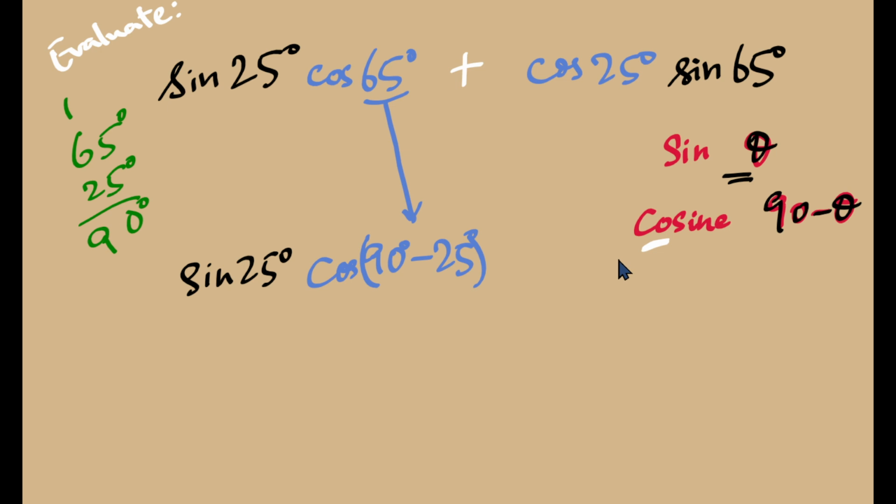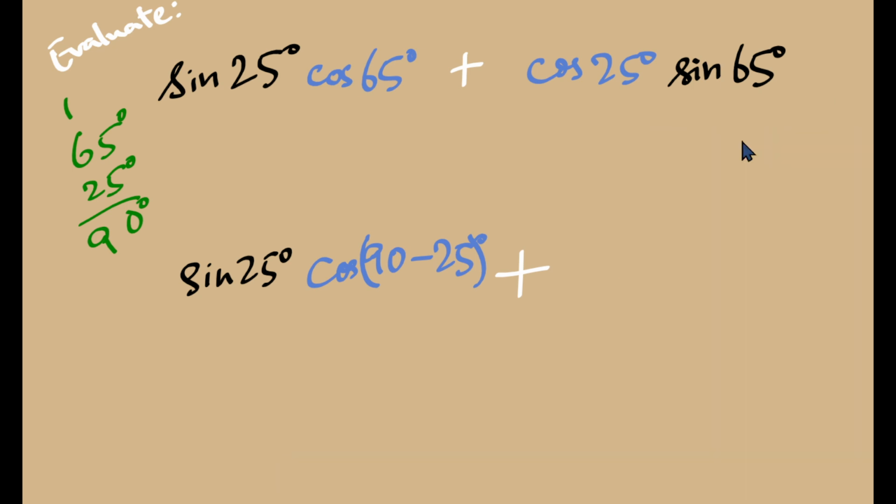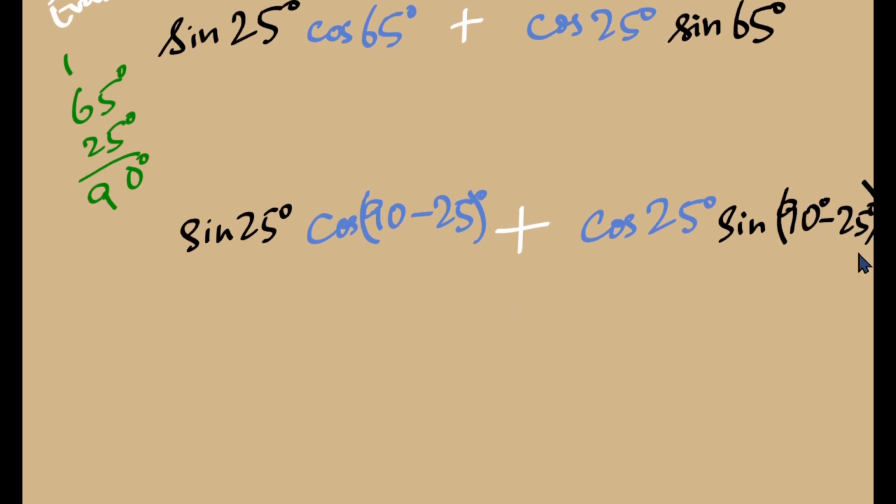This has to be added to the cosine of 25 degrees, and the sine of 65 degrees can be written as the sine of 90 minus 25 degrees, right? And maybe we can proceed from here.